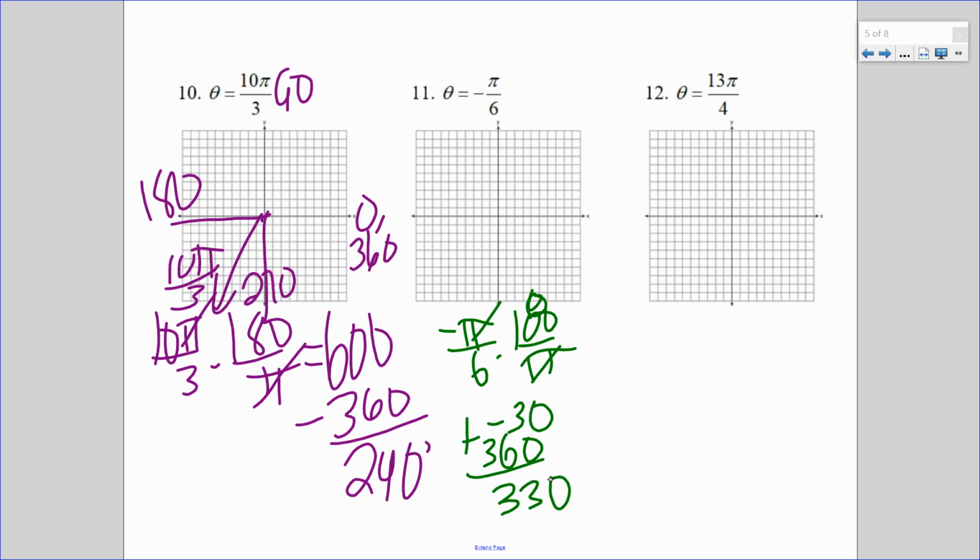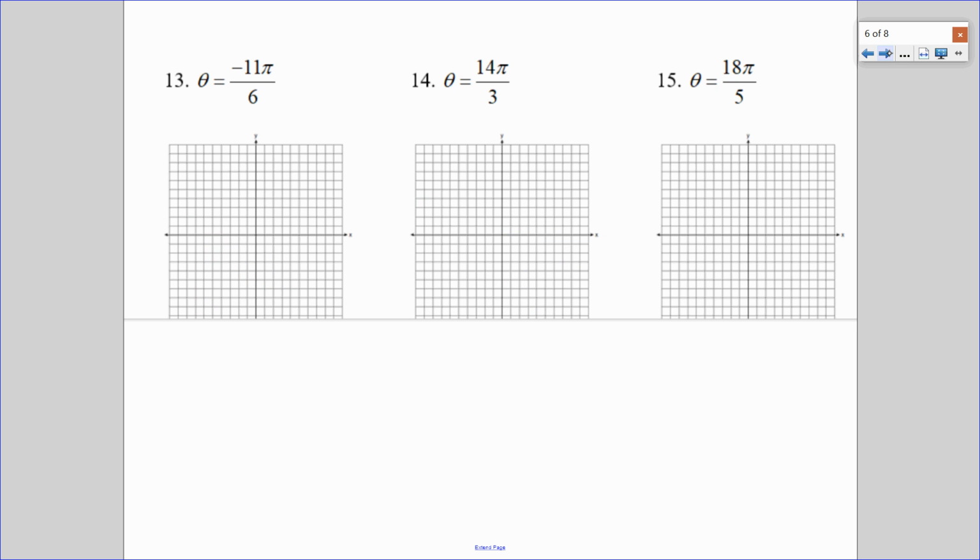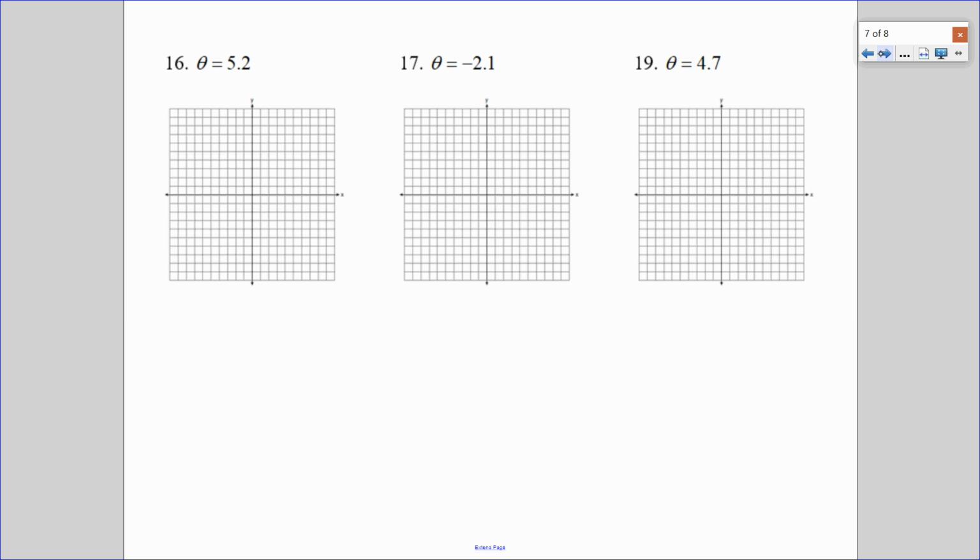That gives 330. 330 is between 270 and 360. It's closer to the 360. That's negative pi over 6. And that's it.